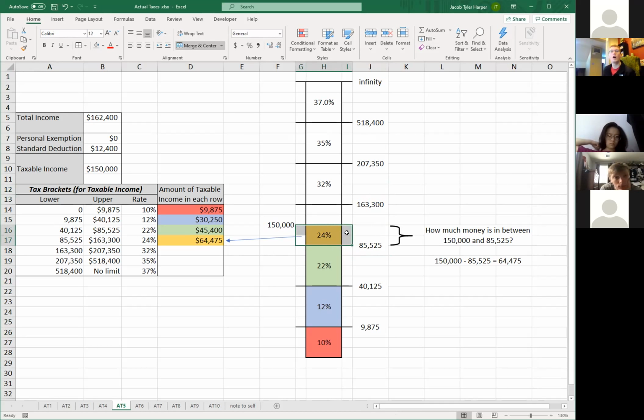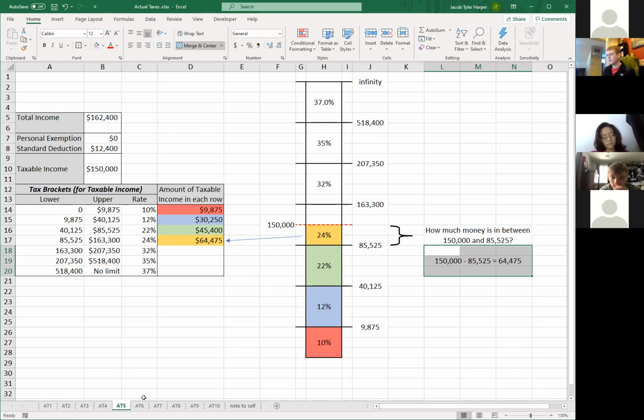It's all of our leftover taxable income. So we subtract these two numbers now. Instead of comparing just two of these upper bounds, we're comparing this one here with 85 to see how much past we've gone. In this case, we've gone past by about 64,475. That's how much overflows into this little orange section here.